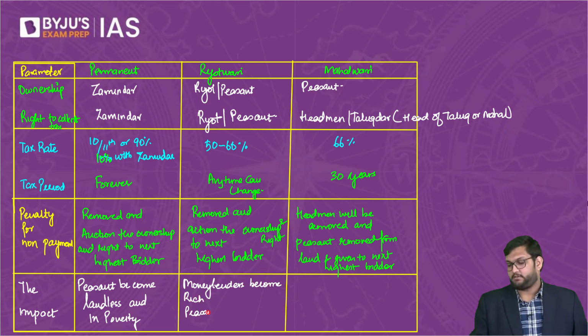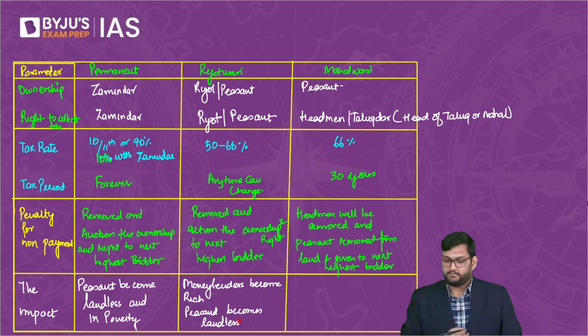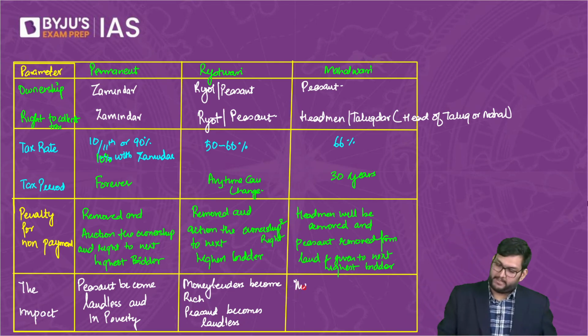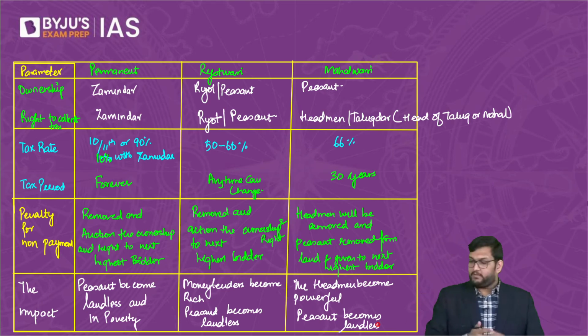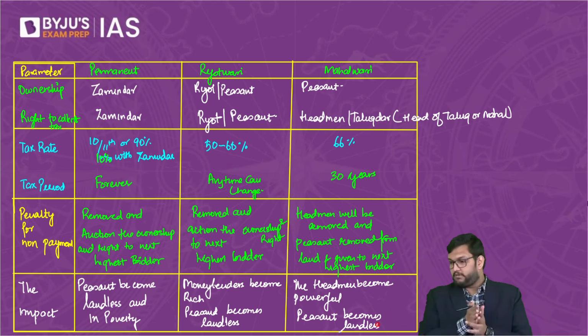Peasant becomes landless, and the headmen become powerful. Peasant, yes, you can make it in the exam, why not? Peasant becomes landless. Can we close the chapter on this now? Make sense?